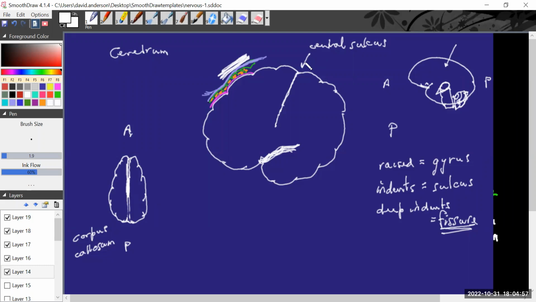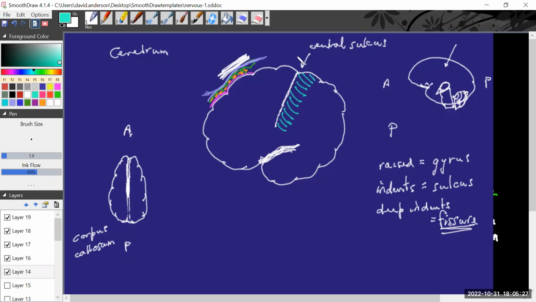And the group of neurons found immediately behind the central sulcus, posterior, so we know behind, is going to be this area, and I'm going to color code it. Because this was a sulcus, the gyrus immediately behind would be called the post-central gyrus.